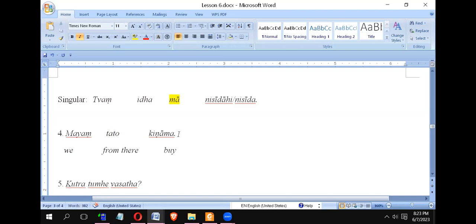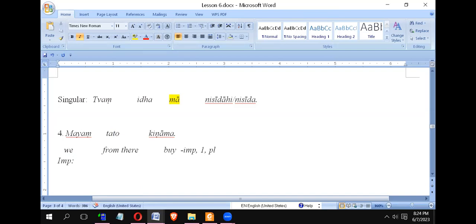So how will you translate it? That means first person imperative plural. So you want to translate as imperative.